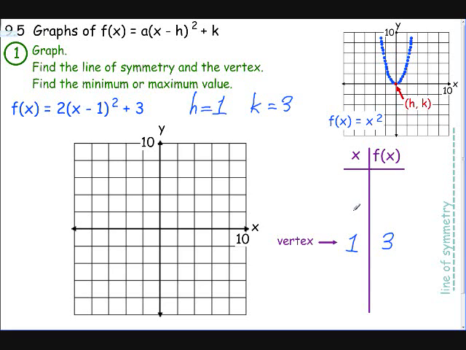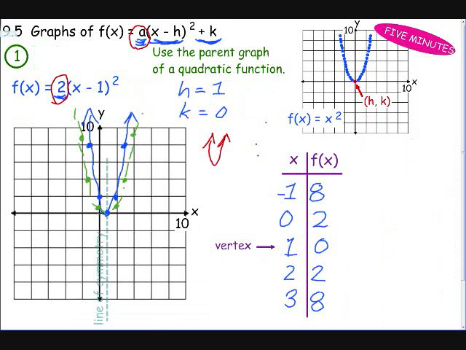Now I could go back. 0, -1, 2, and 3. This looks sort of similar to what we were looking at a moment ago. Let me go back. We had a vertex at 1, 0, and a line of symmetry at x equals 1, and a multiplier on it of 2.